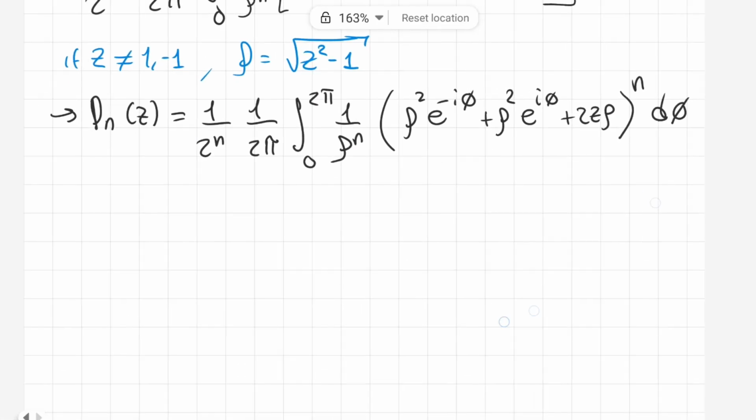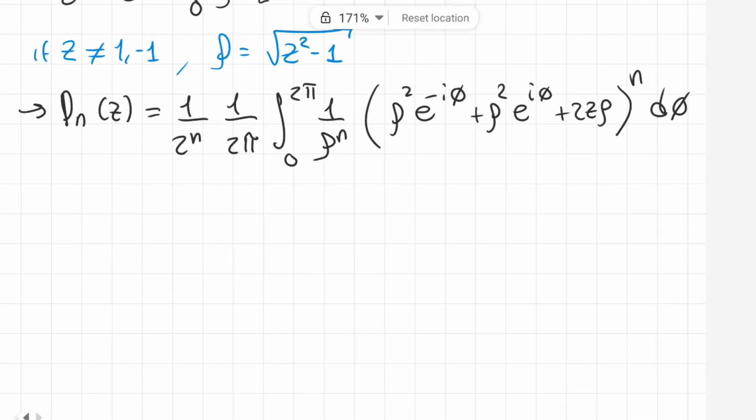Okay, and pay some attention here because you need to notice what happens if we take these 2 rho to the n inside this thing. Looking that they are raised to the n power, we can take these elements inside these parentheses, right?